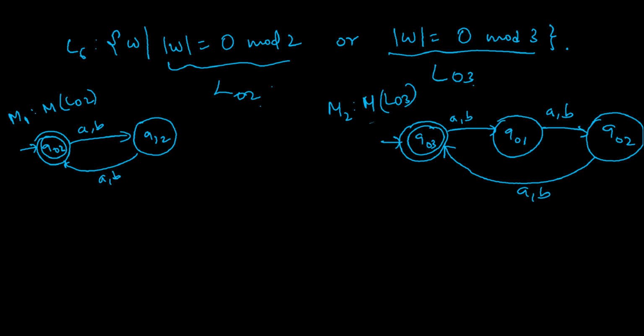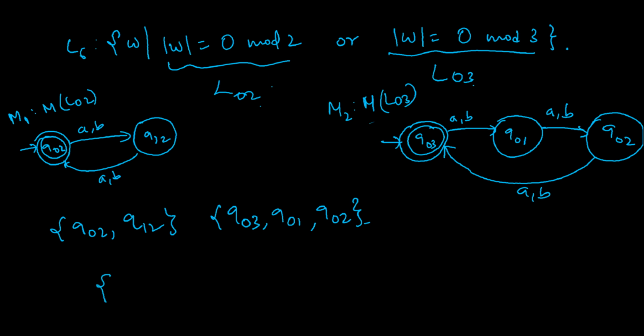So L02 union L03 is also a regular language, and its DFA is given by the cross product of these two. So what are the states here? The states here are Q02, Q12, and the states there are Q03, Q13, Q23.